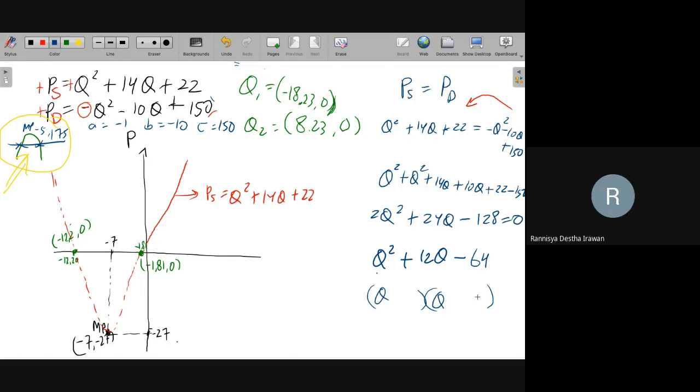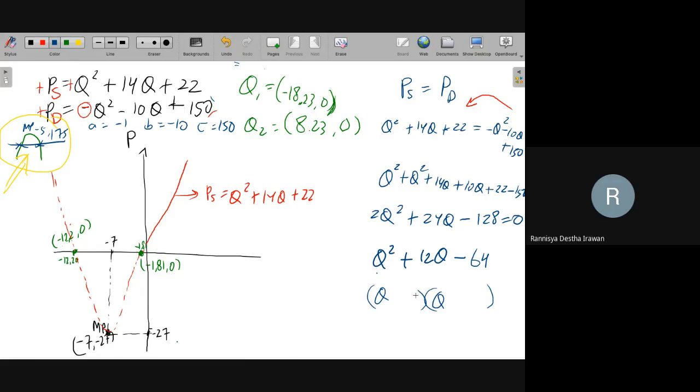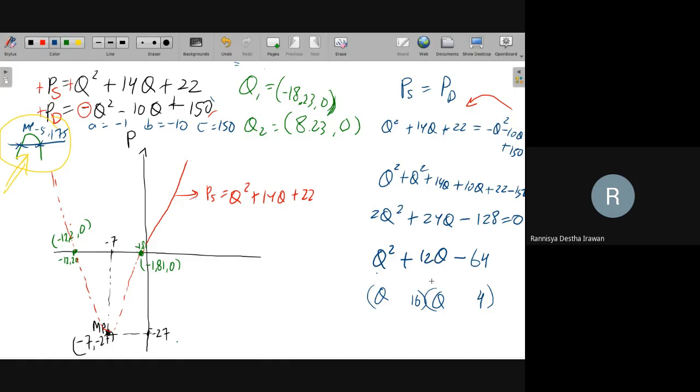You can use this: 16 and 4. Plus 16 and minus 4.